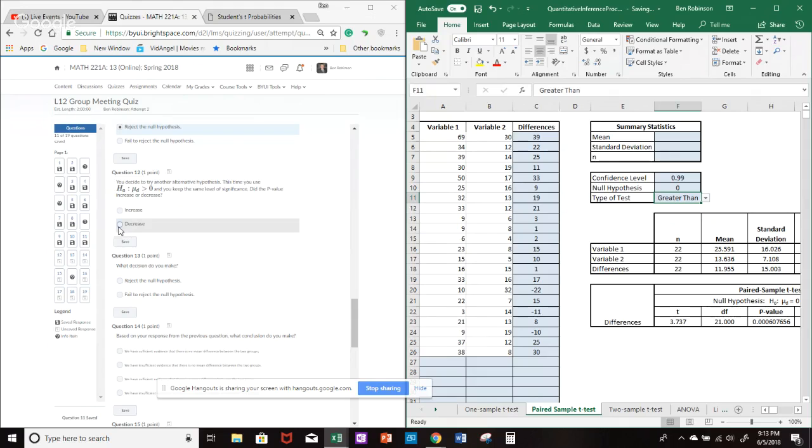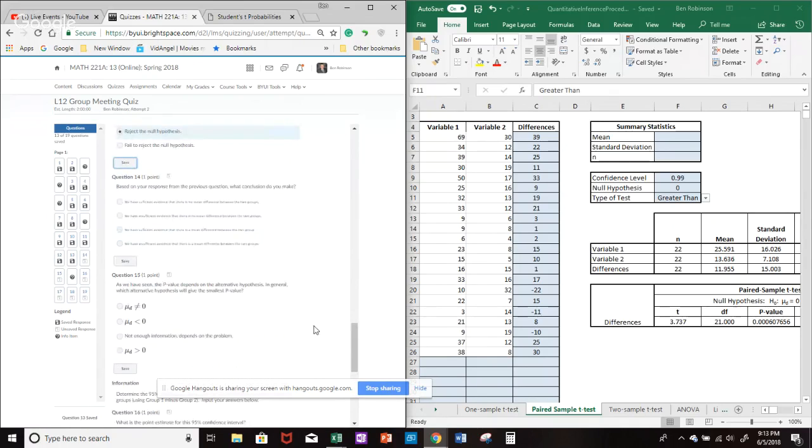A decrease. Yes, I agree with you. And because of that, we're still rejecting the null hypothesis. And based on your response from the previous question, what conclusion do you make?